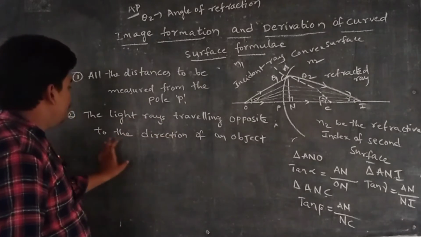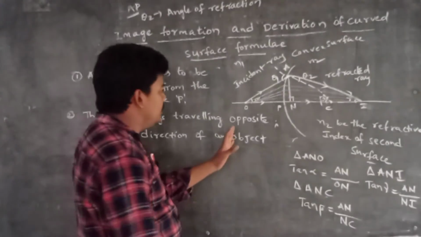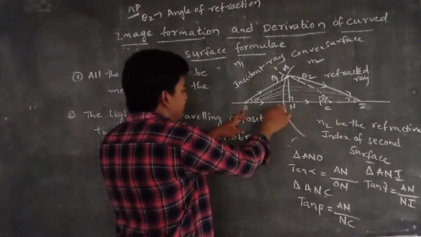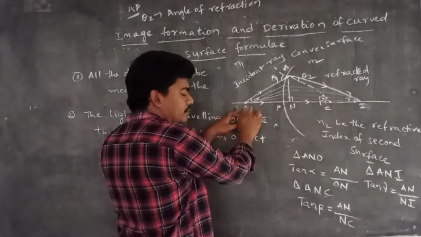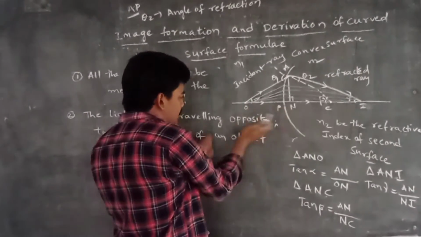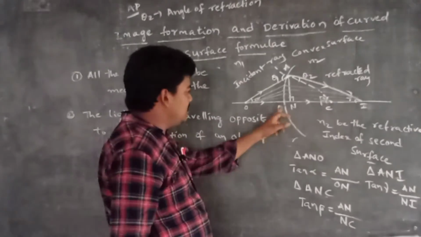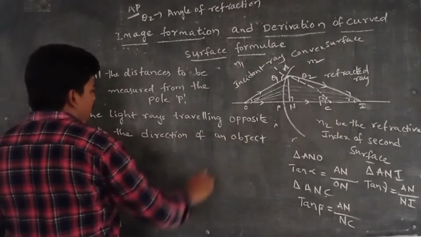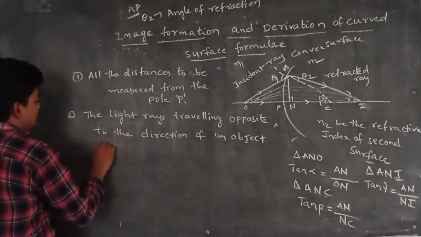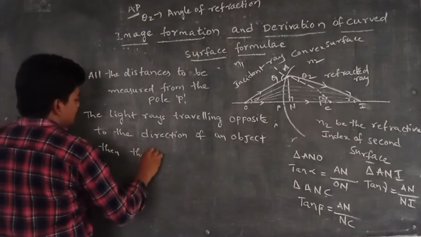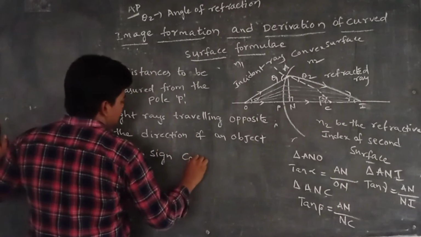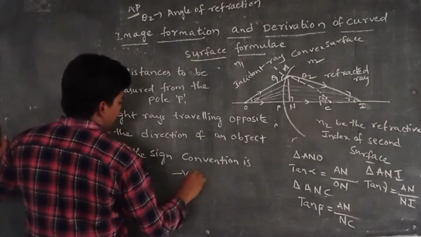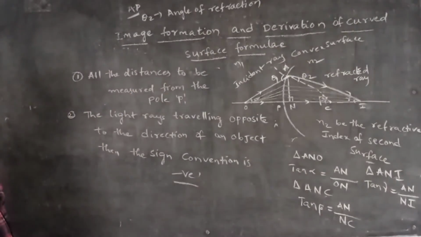For example, see here, the object is in this direction. We have to measure all the distances from the pole. In this topic, if the light rays are traveling opposite to the direction of an object, then the sign convention is taken as negative.